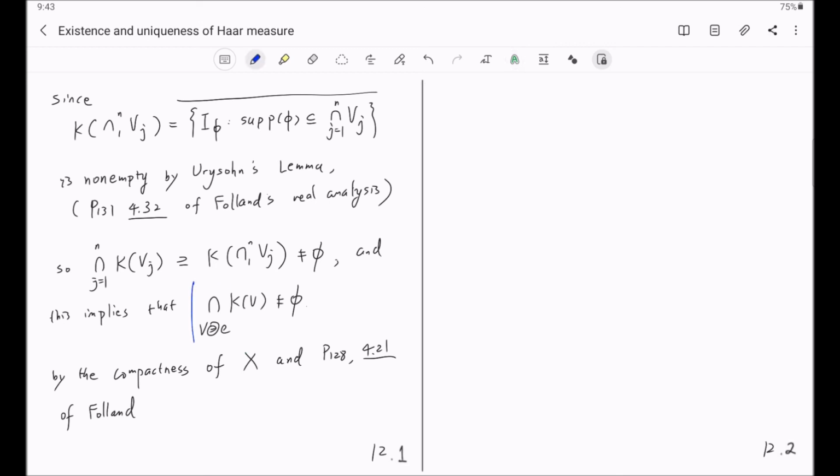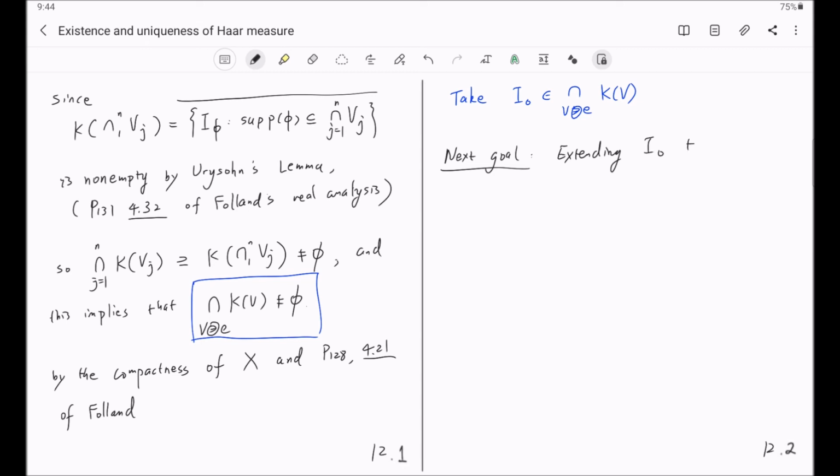And now, from here, we can do the natural step of taking I_0 from this infinite intersection. And our next goal is to extend I_0 to a left invariant positive linear functional on C_c(G).